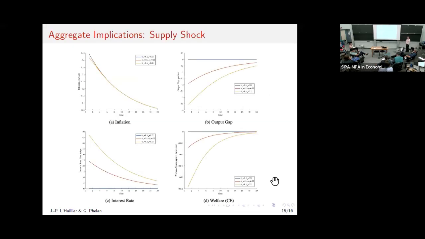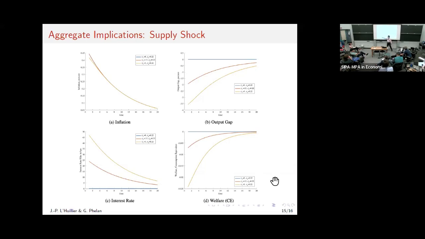So why should we care about this? For policy, the consequences of shock dependence are very different. Because prices are flexible when you have supply shocks in this case, the central bank should not act in order to lower inflation. I'm simulating output gap and inflation for different values of the reaction of the central bank.